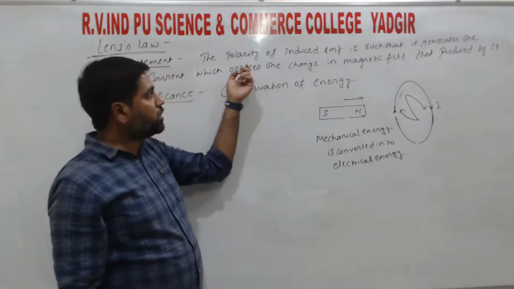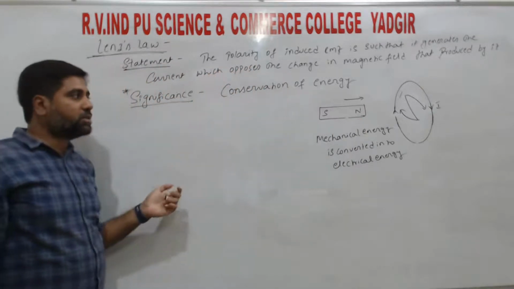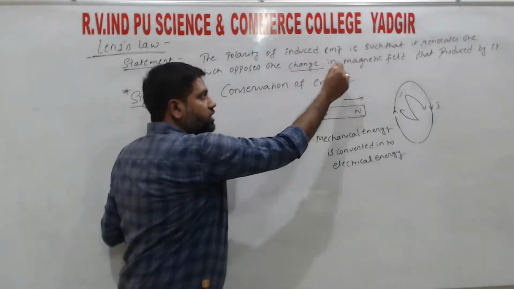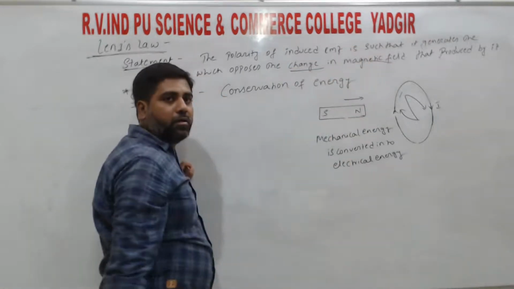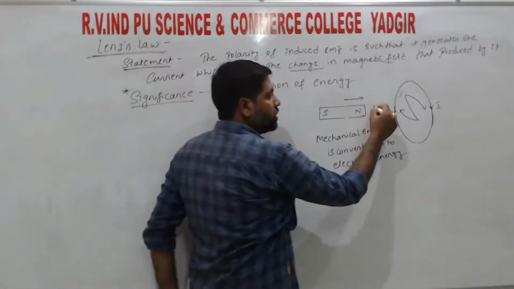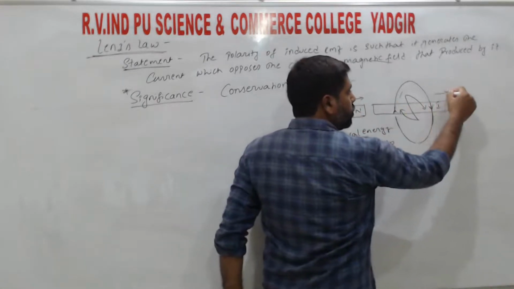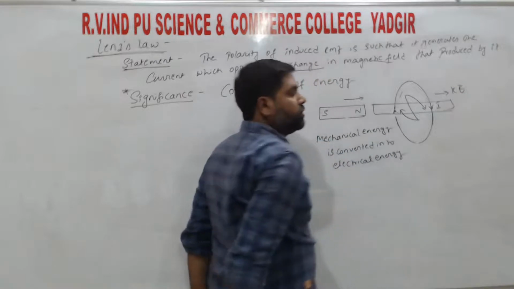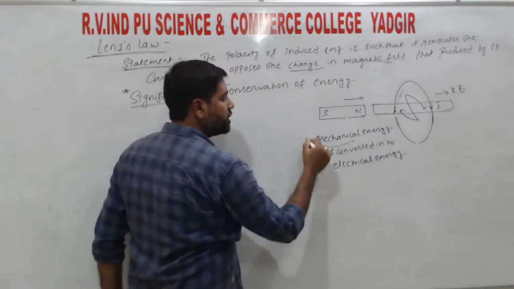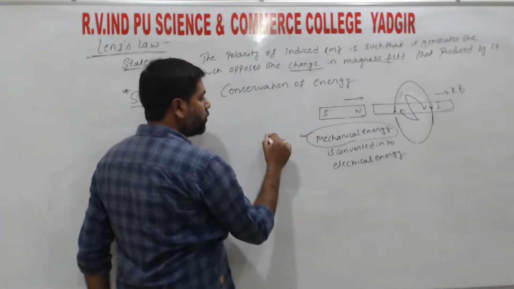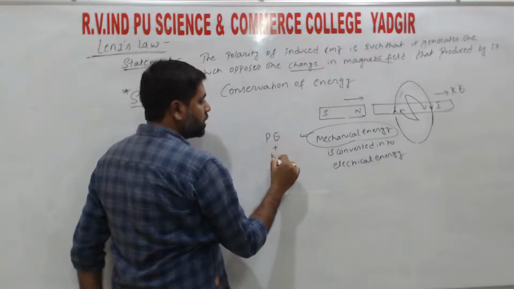So hence from Lenz's law we can say that it opposes the change in magnetic field, right? Otherwise the magnet would move inside the coil with some more kinetic energy, right? Mechanical energy is the sum of potential energy plus kinetic energy.